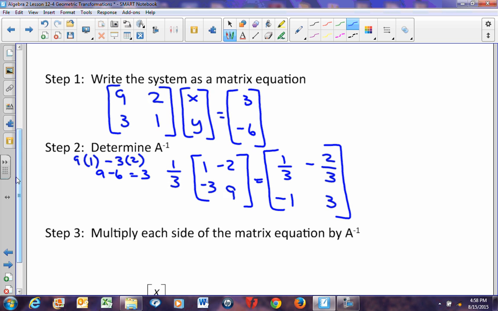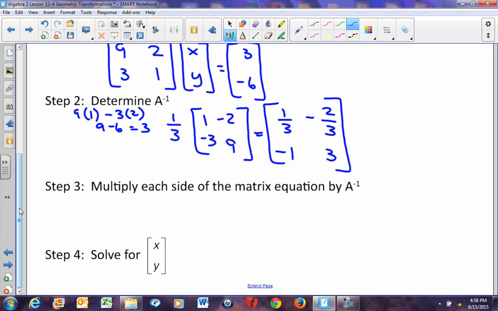So there's my inverse. So multiply each side of the matrix equation by my inverse. Okay. So I now have x, y will equal 1/3, -2/3, -1, 3, multiplied by 3, -6.